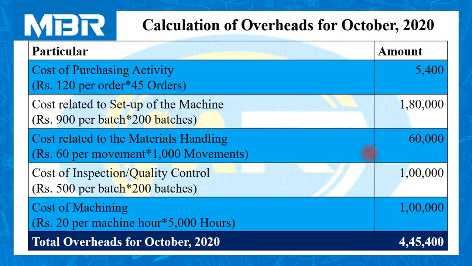It is nothing more than the total of 5,400 plus 1 lakh 80,000 plus 60,000 plus 1 lakh plus 1 lakh.